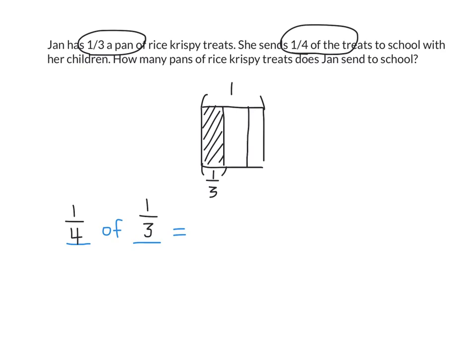Then what you're going to do, you'll notice we cut our thirds vertically. So we're going to cut our fourths horizontally. It's kind of like, remember when we were looking, using rectangular fraction models to draw and look for common denominators? Do you guys remember that? We're always going to cut one thing one way, and then we're going to cut the other way. Because she was sending 1/4 of her thirds to school, how many times do we want to cut horizontally? 3, so that we have 4.